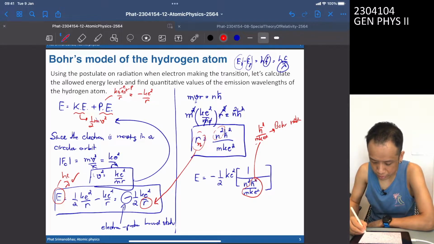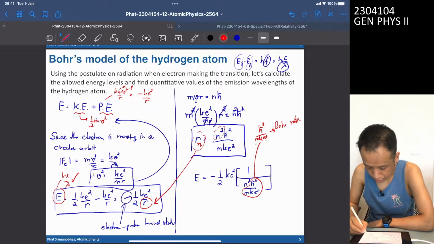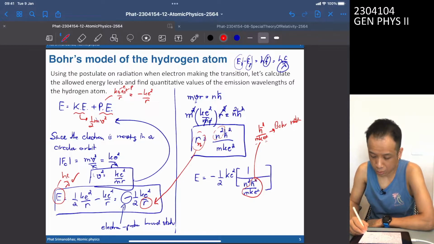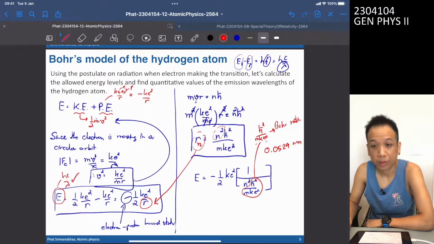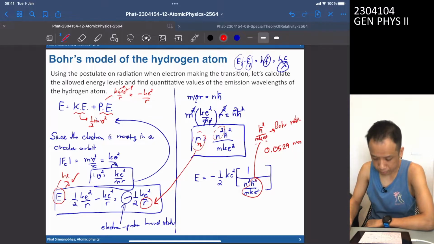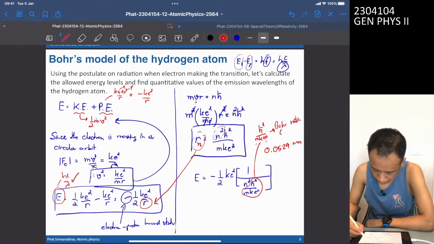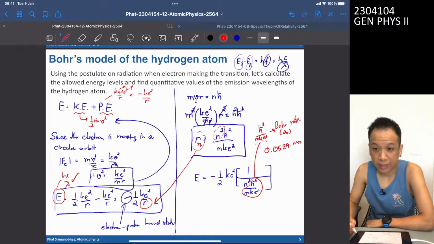If you put in the mass of the electron and its electric charge square, you get 0.0529 nanometers. And we use the symbol A0 for the Bohr radius.